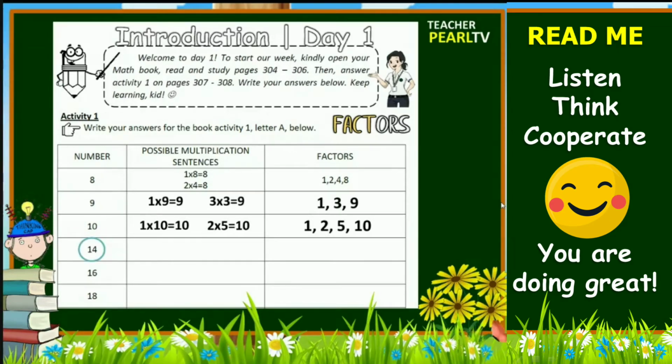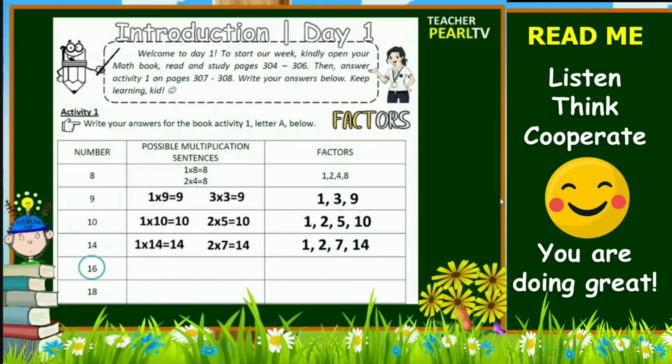Now, let's have 14. That's 1 times 14 equals 14, and 2 times 7 equals 14. So the factors of 14 are 1, 2, 7, and 14. Now, let's have 16.